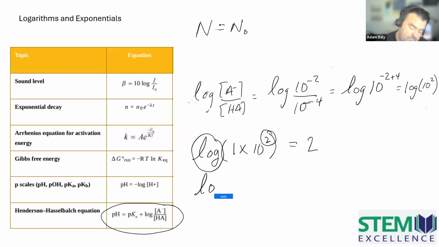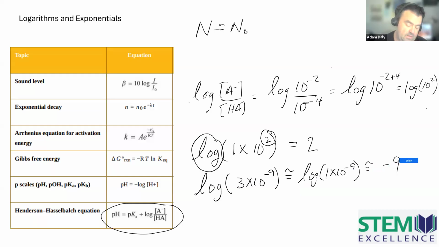The logarithm of 3 times 10 to the minus 9 is approximately the same as the log of 1 times 10 to the minus 9, and that is going to be approximately equal to minus 9.